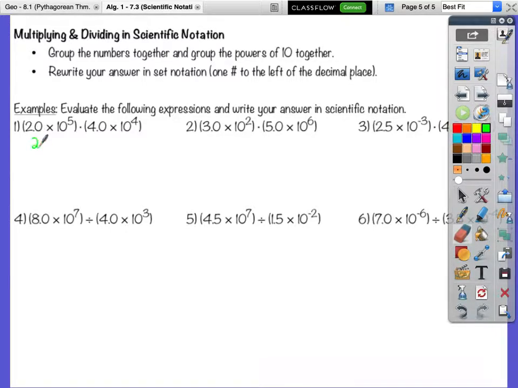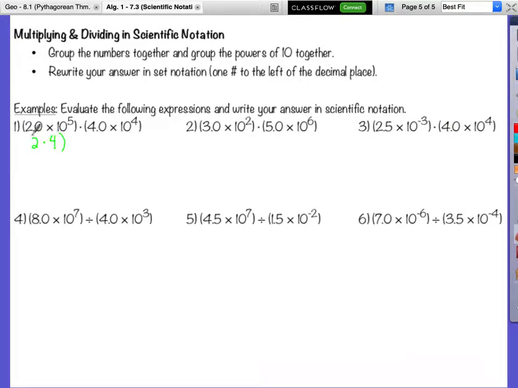So we're going to put 2 times 4 in one parenthesis, multiplying together, and we put the powers of 10 in another: 10 to the 5th and 10 to the 4th.